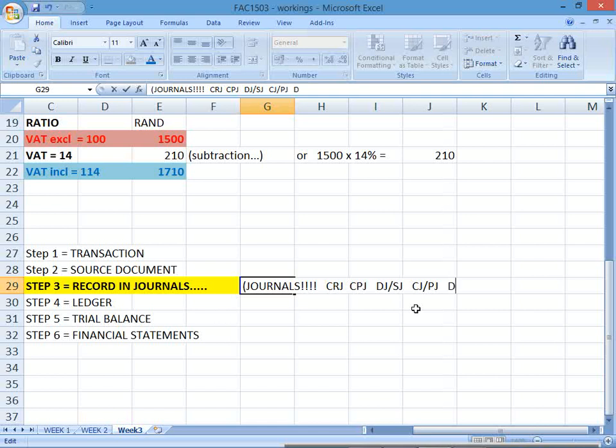Then you could have had a DAJ or a SRJ, sales returns. CAJ, creditors allowances journal, or purchase returns journal. Okay, petty cash journal, general journal.